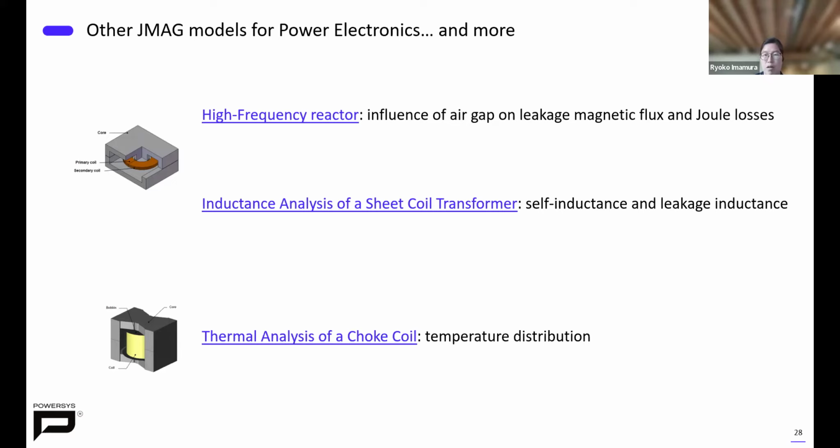This co-simulation framework, of course, allows us to link non-motor EM devices, such as transformers or inductors. In this slide, we see some examples of transformers, like high-frequency reactors or sheet coil transformers. All of them can be simulated using co-simulation, meaning the detailed EM effect can be captured in the power electronics simulations.